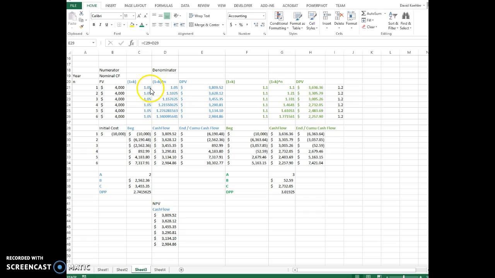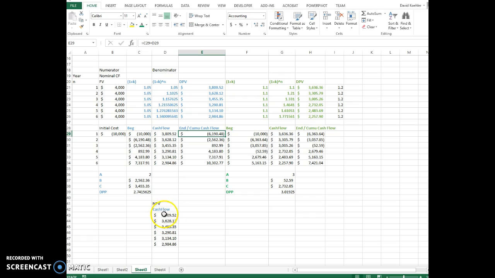So this is at the 5% discount rate. $4,000 is this, right? 3809. For year 2, $4,000 is 3628. Okay, and again, what that means is $4,000 2 years from now is equal to $3,628 today, right? So here we have this. Now we're going to sum them up.